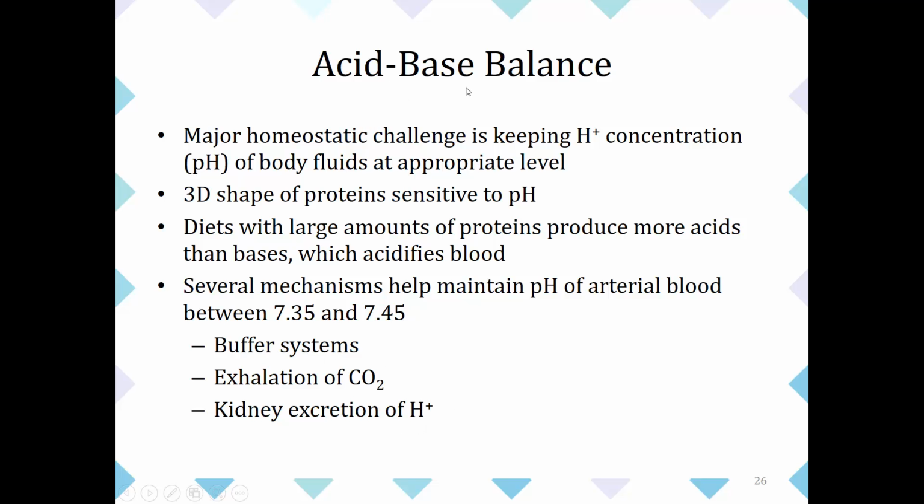Now, acid-base balance is really important for a number of things that we've talked about since the beginning of Bio 137, but I want to remind you that proteins have to be folded properly in order to have their function, and they're very sensitive to changes in pH. pH is one of the ways that the stomach starts to digest proteins, by denaturing them so that enzymes can have better access to those peptide bonds to break them down.